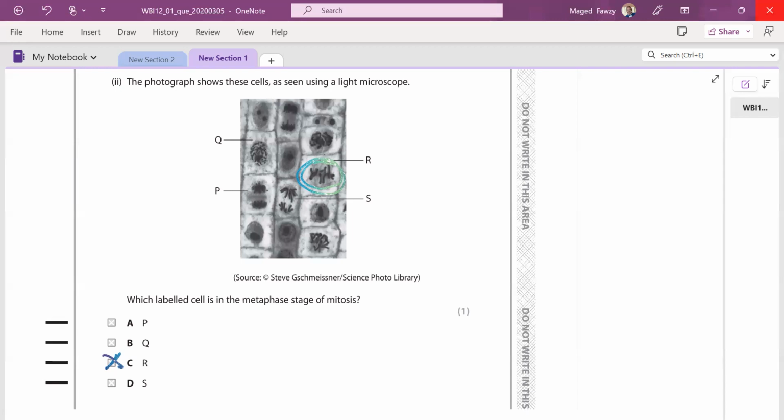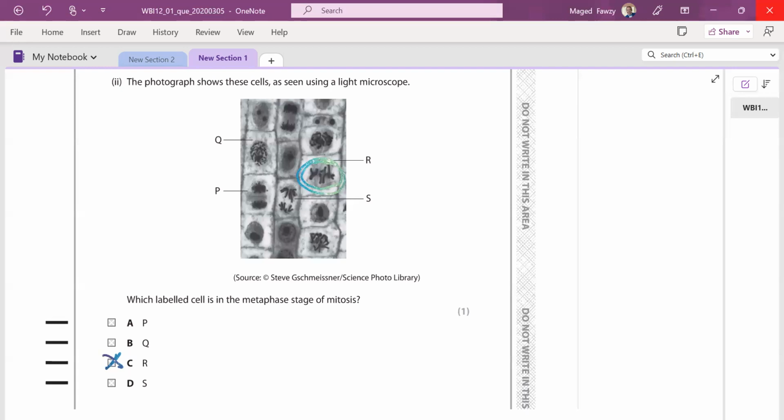Q is the first phase, which is the longest phase, the prophase.